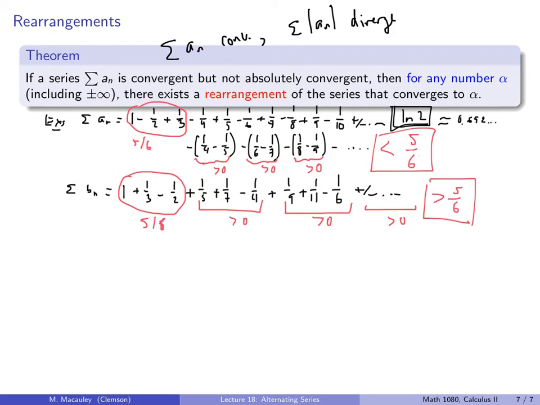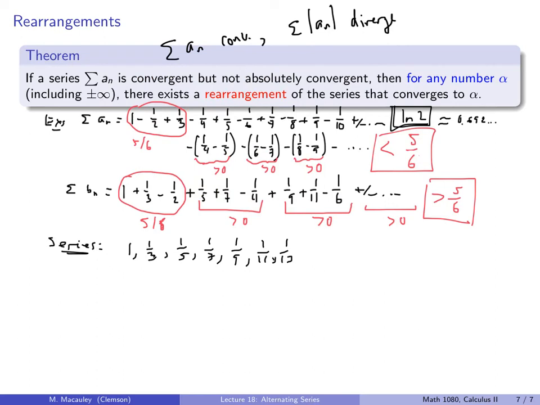So here's what I'm going to do. I'm going to take that original series, and I'm going to group together the positive and the negative terms. So here are the positive terms: 1, 1/3, 1/5, 1/7, 1/9, 1/11, 1/13.